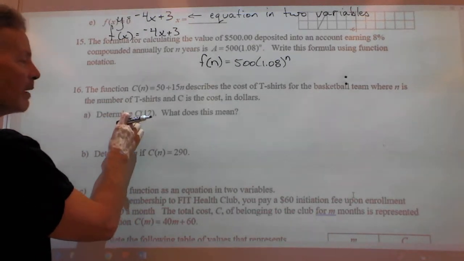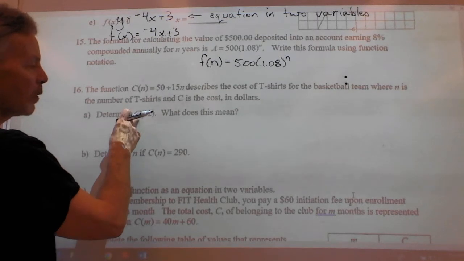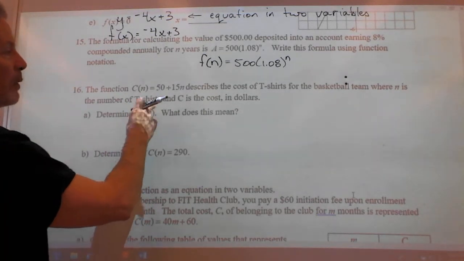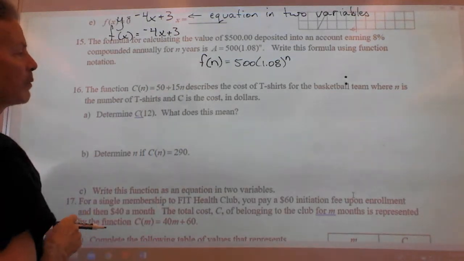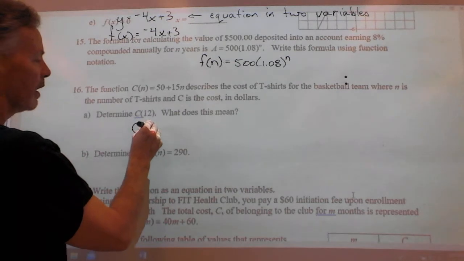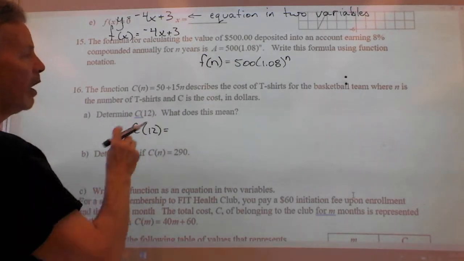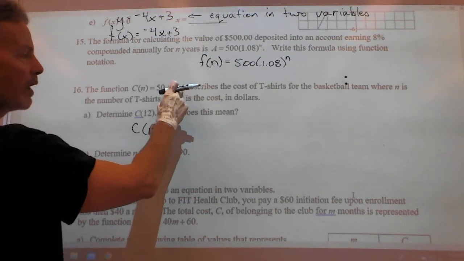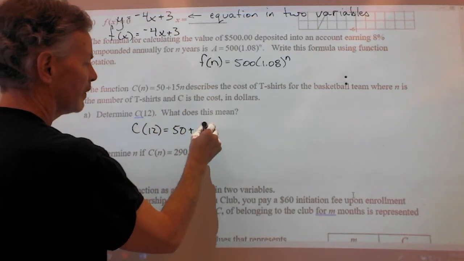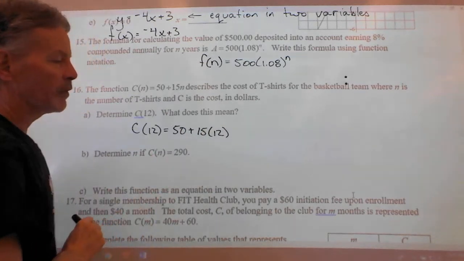Remember, that means find the total cost for 12 t-shirts, remembering that n is the number of t-shirts. Okay? So c at 12 equals, wherever we see n, we're now going to plug 12. 50 plus 15 times 12.